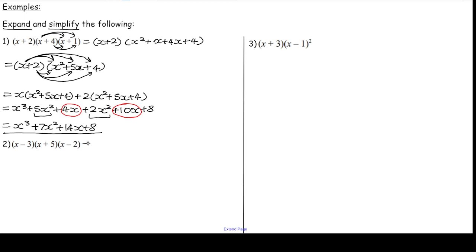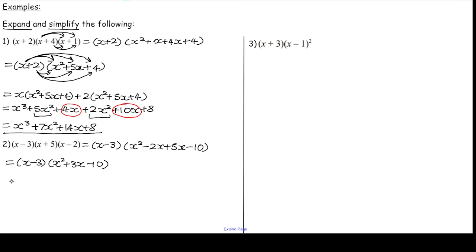What does that become if we expand that? Well, that will become x squared minus 2x plus 5x minus 10, which simplifies to x squared plus 3x minus 10.